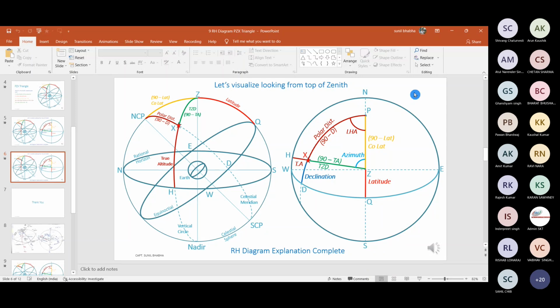Okay, very good. So that tells me no doubt everything is okay. So shall we proceed on to star identification? Yes, sir. Okay, great.